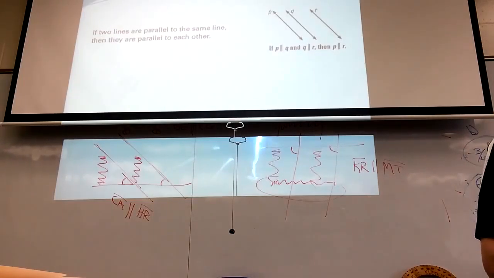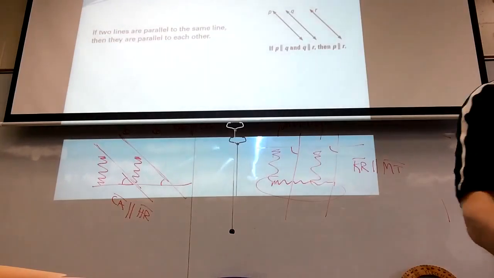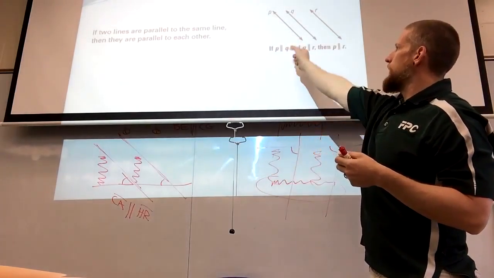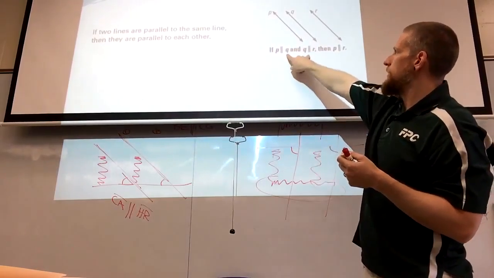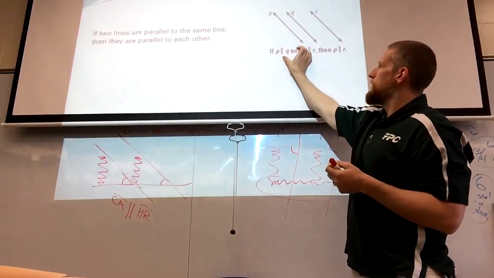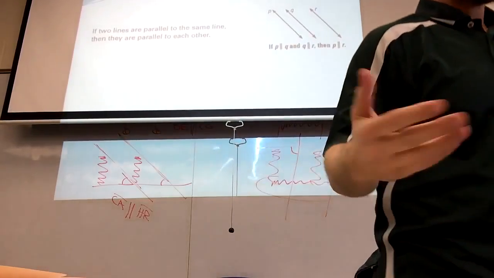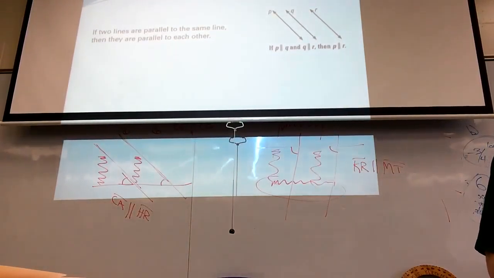The only way you should ever bring up theorem 3.7 is if you've got three lines that look like they're parallel, and you also have to know that two sets are parallel, with an overlap between them. Like in the if-then that's here, Q is in both of them, so if you remove that overlap, what you're left with is your conclusion, that P is parallel to R.